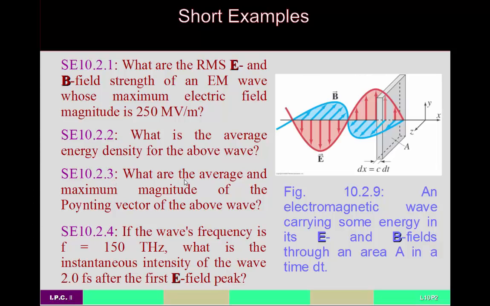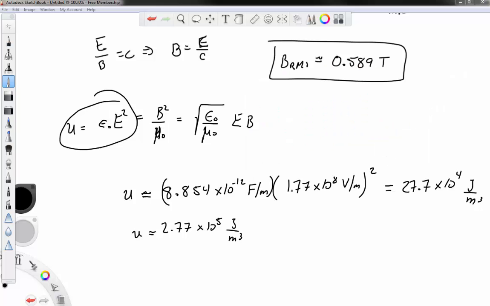Okay. Then it asks, what is the average and maximum magnitude of the Poynting vector for this wave? Well, we have that the magnitude of the Poynting vector S can be obtained by, for example, epsilon naught times c times E squared. So that's basically c times little u, because epsilon naught E squared gets us little u.